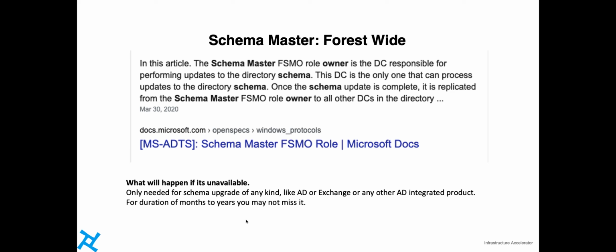Other than that, if you keep it off or unavailable, nothing is going to change. Everything will function all right. Once again, what will happen if it is unavailable? It is only needed for schema upgrades of any kind, like Active Directory or Exchange or any other Active Directory integrated product. For a duration of months to a year, you are not going to miss it if the schema master is not available.